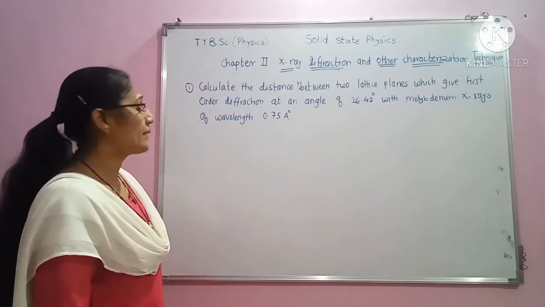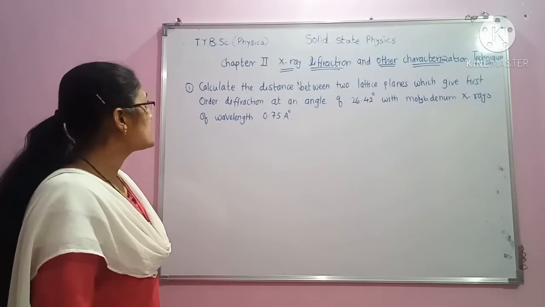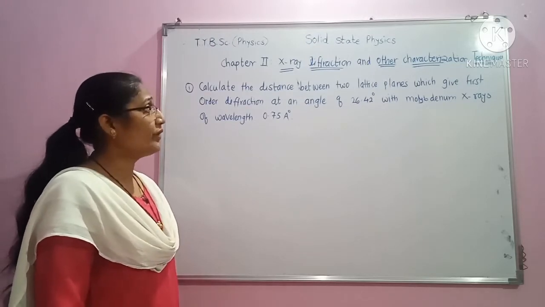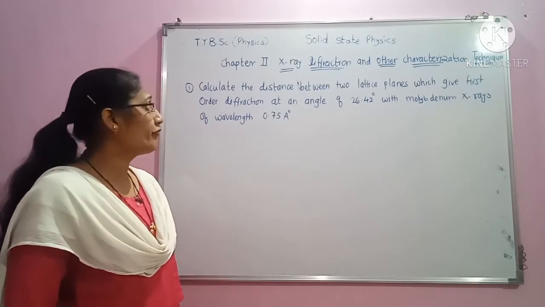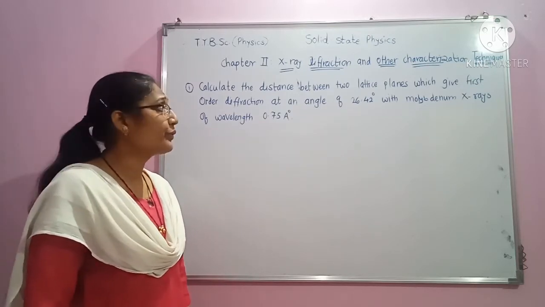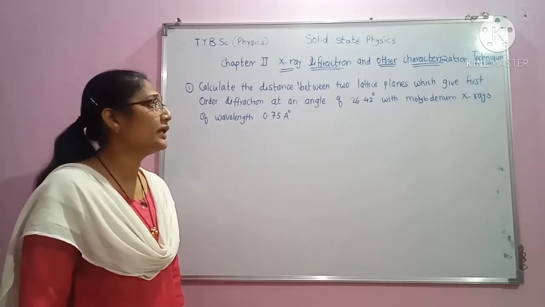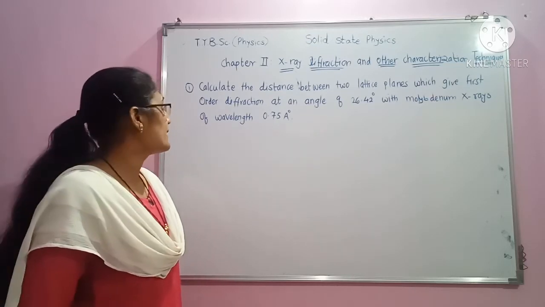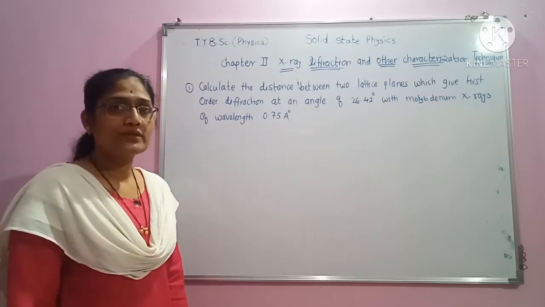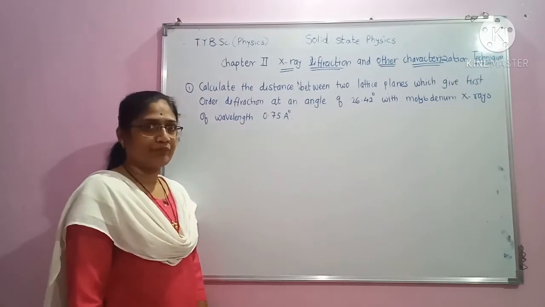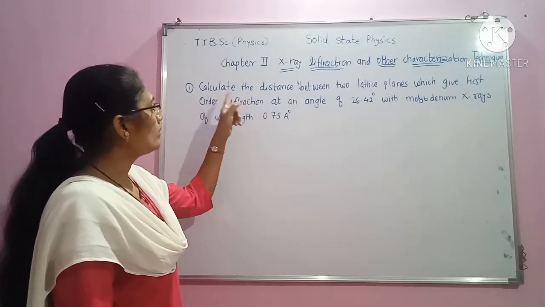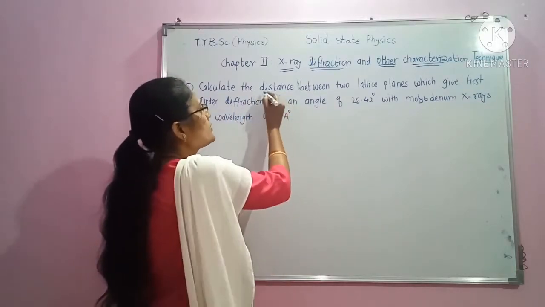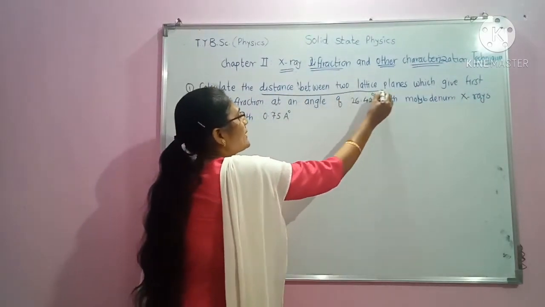Let's read the first example. Calculate the distance between two lattice planes which give first order diffraction at an angle of 26.42 degree with molybdenum X-rays of wavelength 0.75 angstrom. So our example is to calculate the distance between two lattice planes.